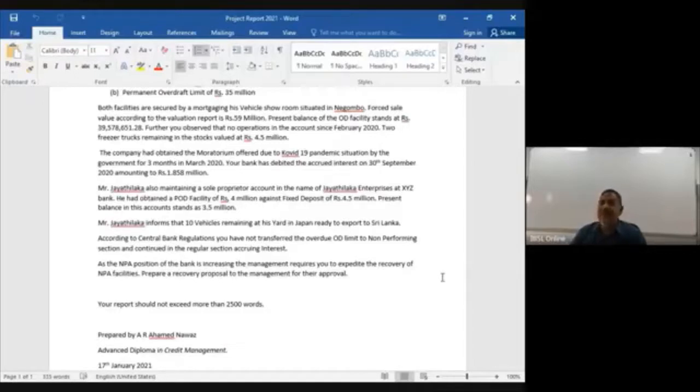If you apply an exit strategy, what would be the repercussions and other things? Let's see how best you are applying the techniques you discussed in the classes. So that's the proposal for the day, and it should be 2,500 words maximum.